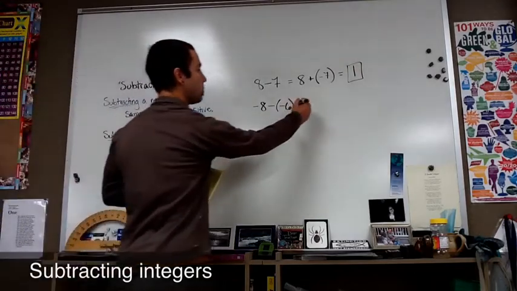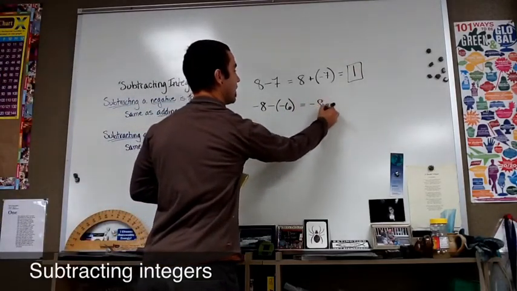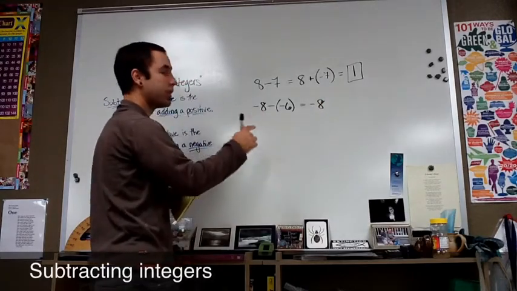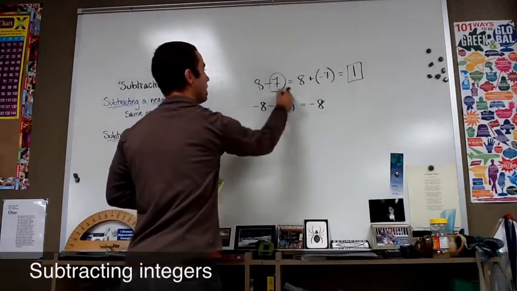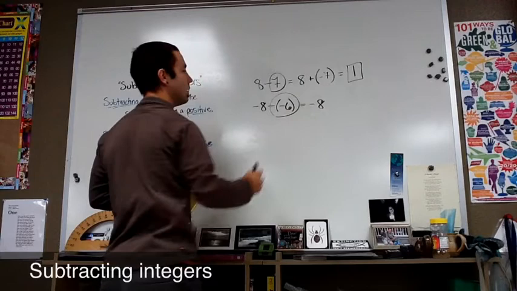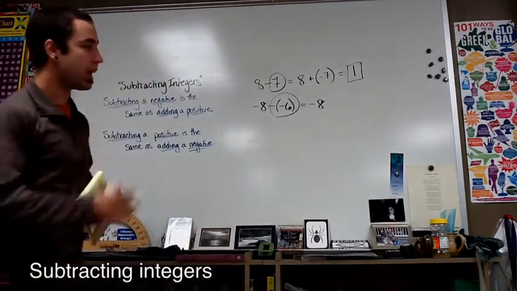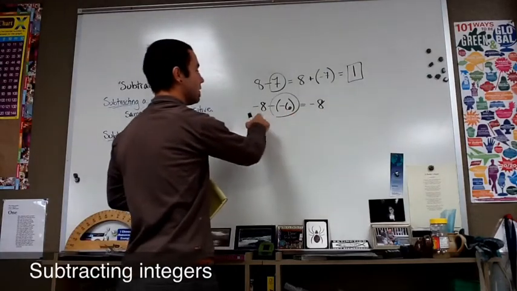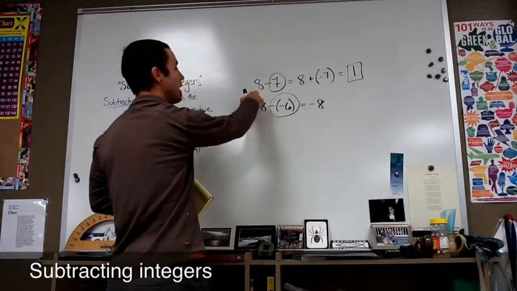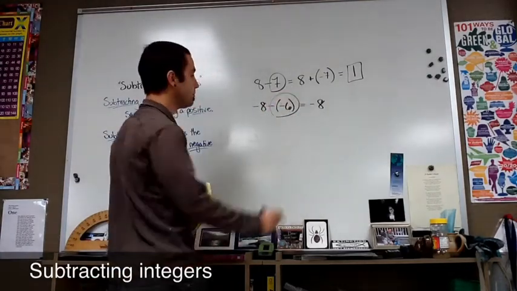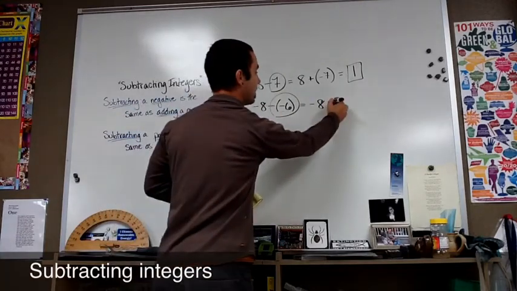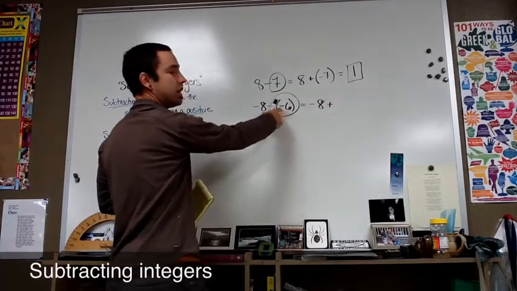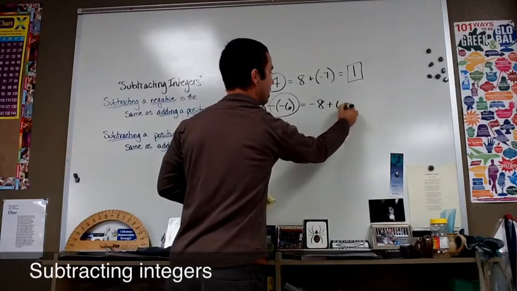So if I rewrite this problem, negative 8, and this is a good point, it is only the second part of the problem, after the operation, that's getting changed. So notice how negative 8 is still negative 8. It's not changing. Here, we're going to add its opposite. It was negative, now it's going to be positive.